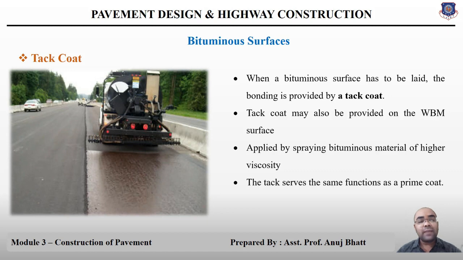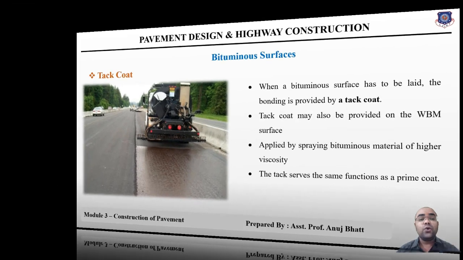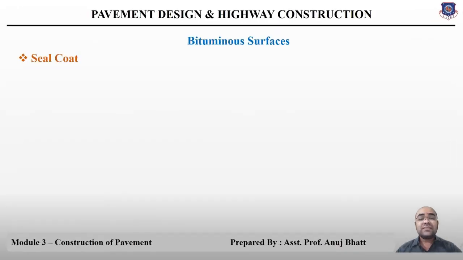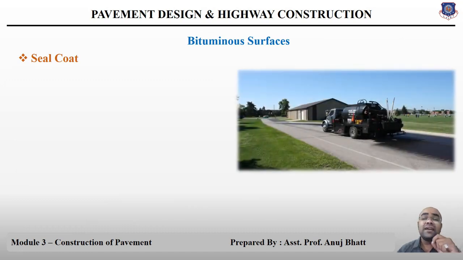After the prime coat and the tack coat, you have to prepare a seal coat. A seal coat consists of a single coat of a very thin surface that is applied over certain bituminous pavements, such as bituminous bound macadam, grouted macadam, or premixed carpet, which are not impervious.